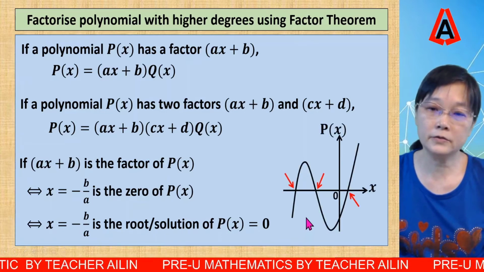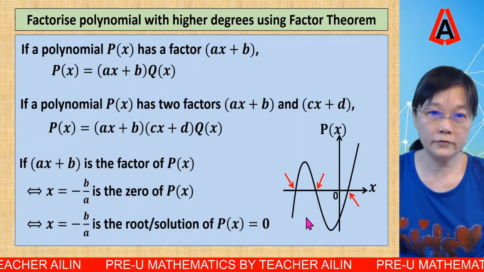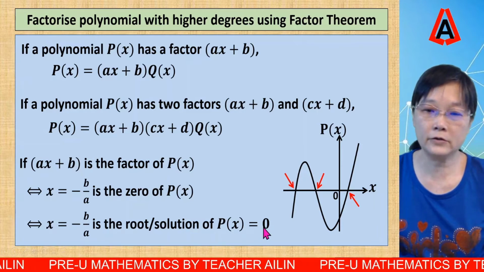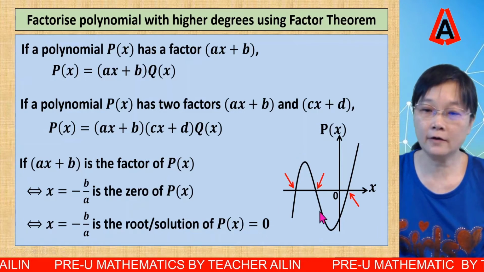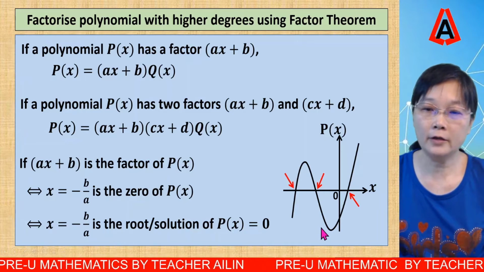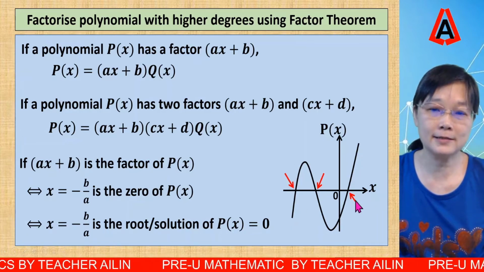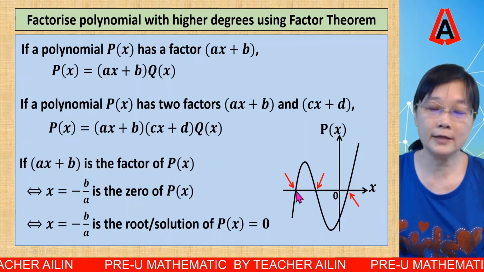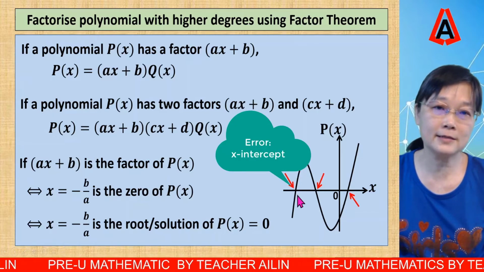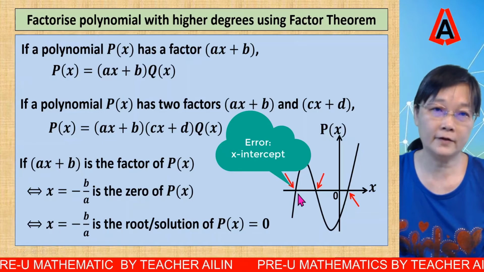So according to the diagram, the root of p(x) equals 0 is the value of x when the polynomial cuts through the x-axis. That is, the root is actually the x-intercept of the graph of the polynomial.